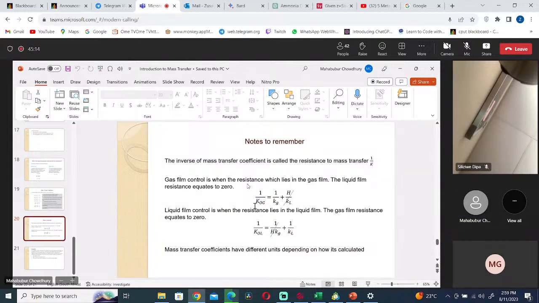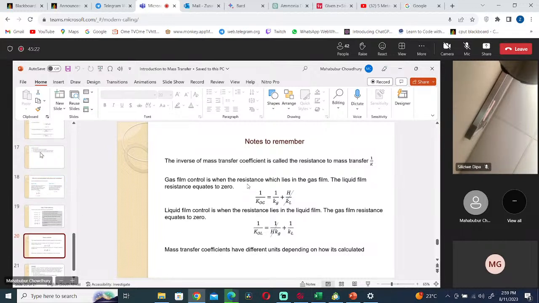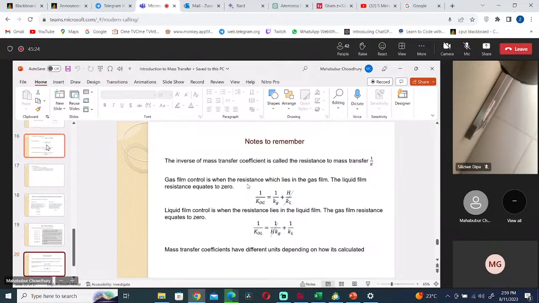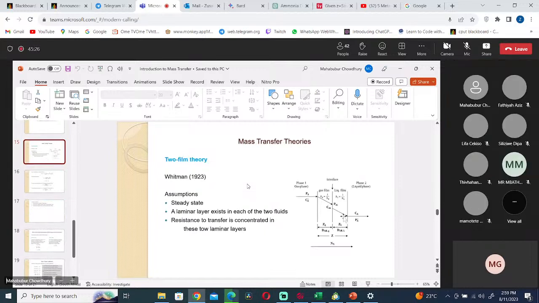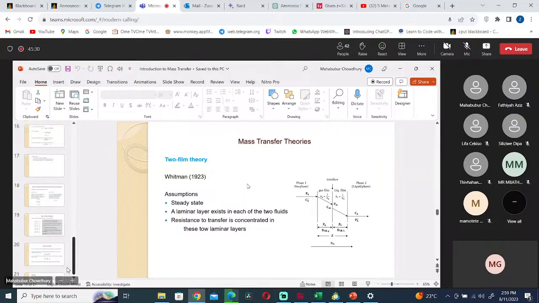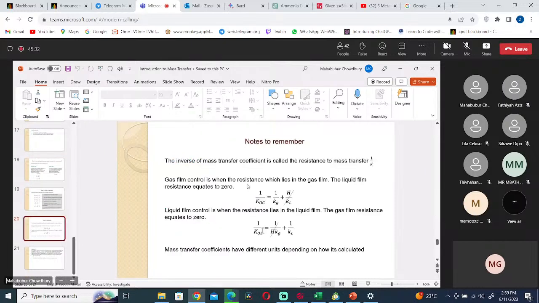So 1 over KOG equals 1 over kg. Liquid film control is when the resistance lies in the liquid film, so the resistance is lying here, not there. That is why it's liquid film and gas film. We can say that 1 over KOL equals 1 over kL because the other term falls away.